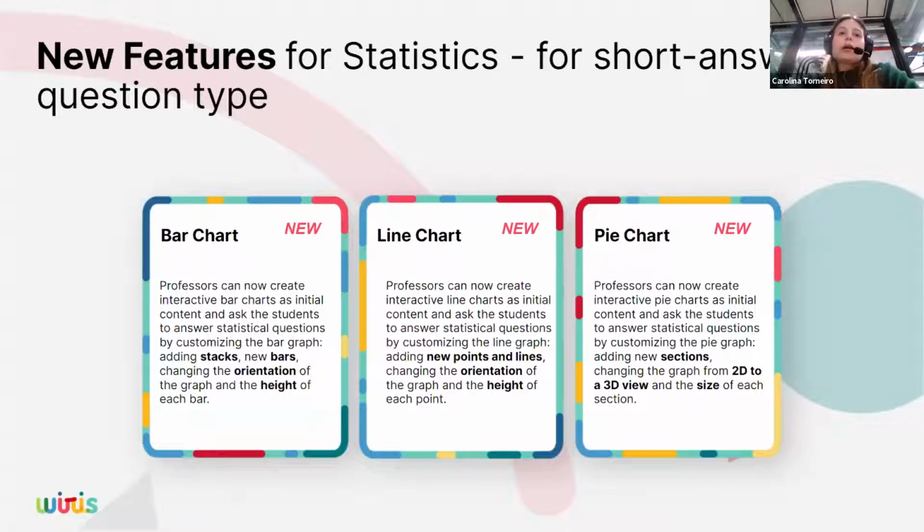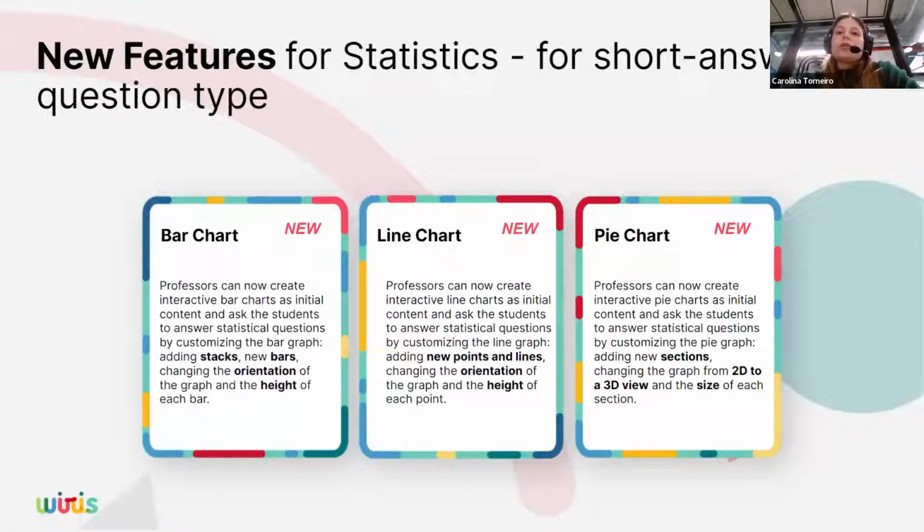We also enabled line charts. In the line charts, the procedure is very similar. You can add points and lines to your charts, change the orientation from vertical to horizontal, change the heights of each point, which affects the heights of the lines, and also customize the colors of the points and the lines. And finally, we also offer at the moment pie charts.